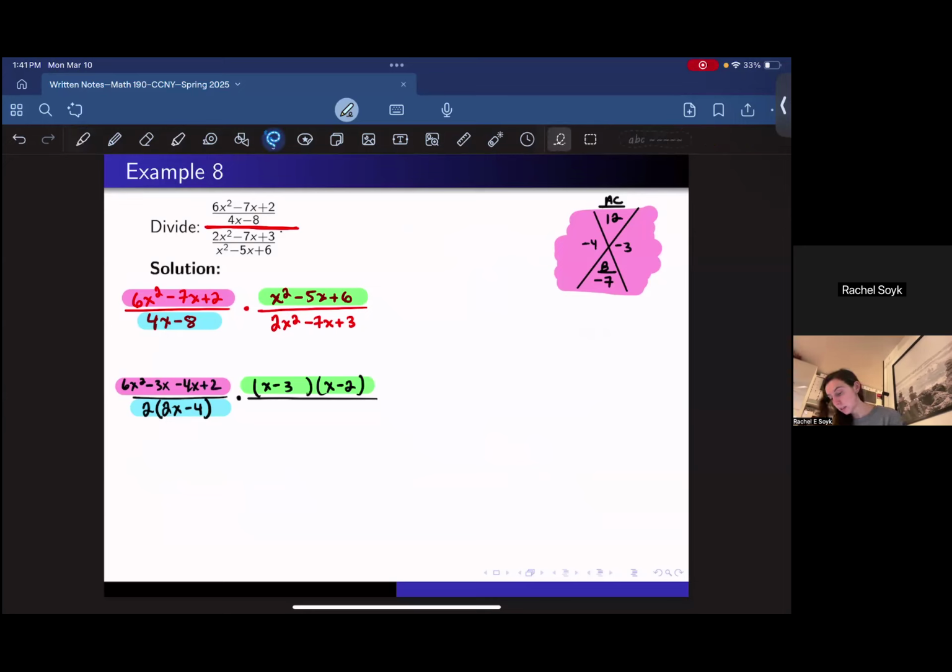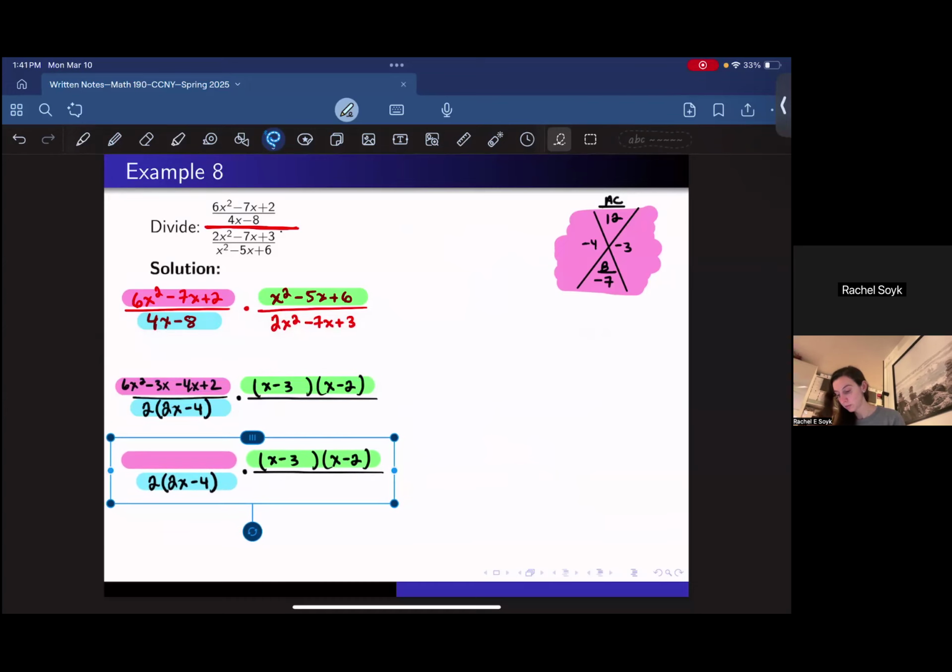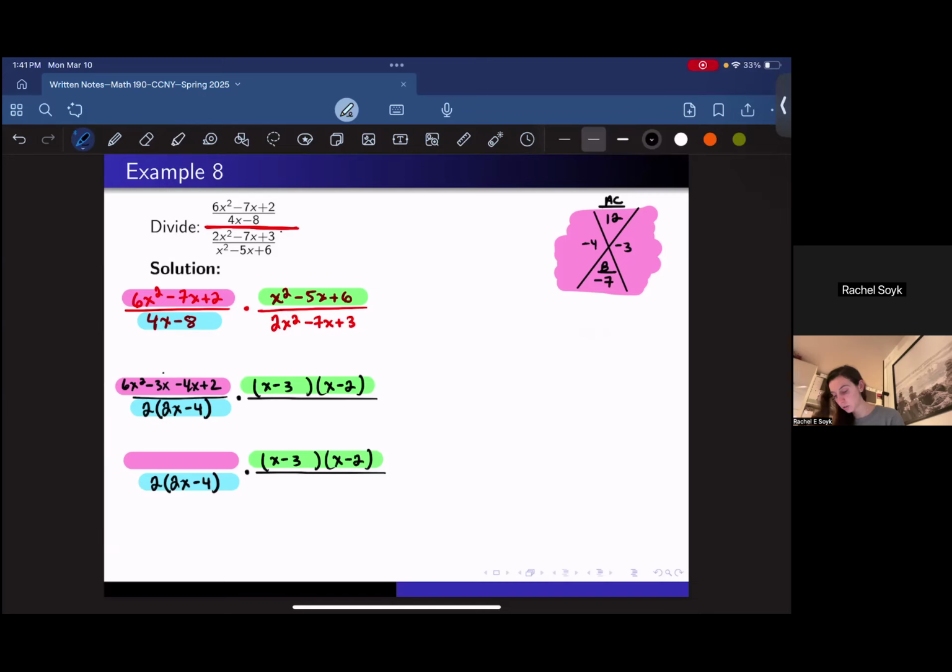And so when we do that, we pull out a greatest common factor of these first two terms, we end up getting 3x, and we're left with 2x minus 1. And then the last two terms, if we pull out a minus 2, we're left with 2x minus 1.